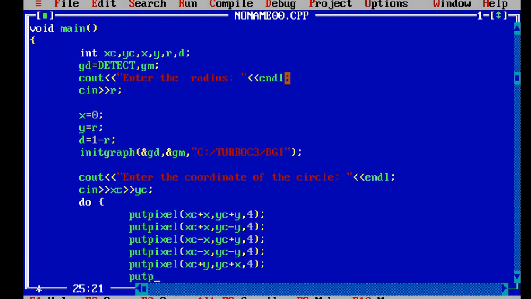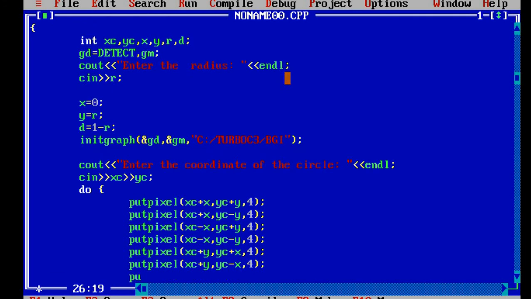Putpixel xc plus y, comma yc minus x, comma 4. Putpixel xc minus y, comma yc plus x, comma 4.